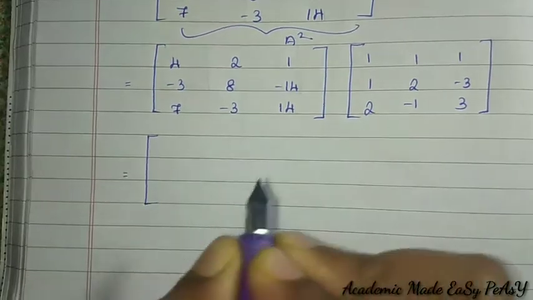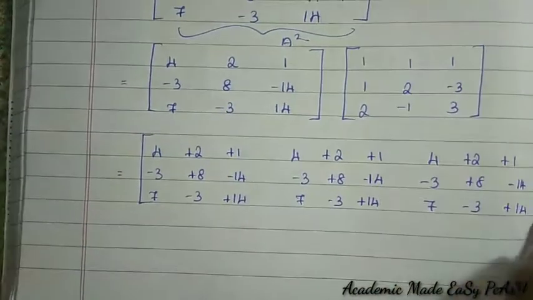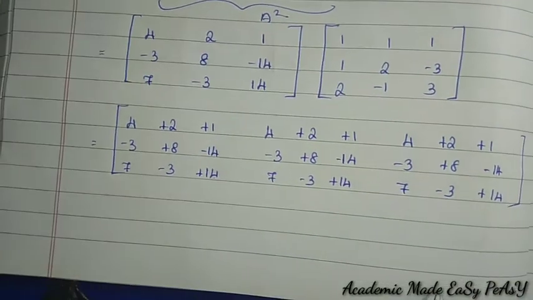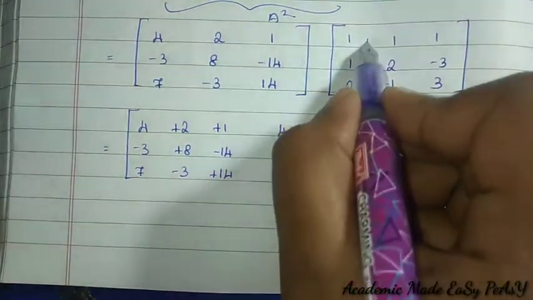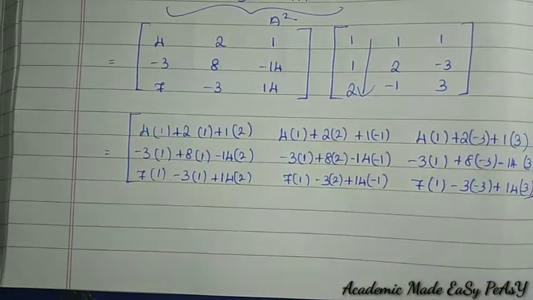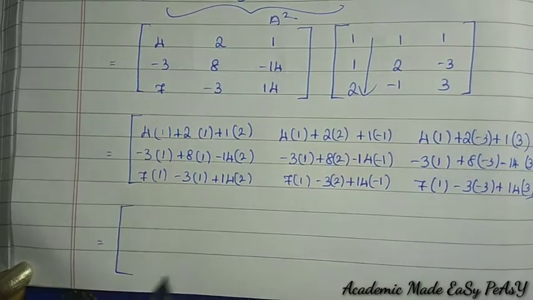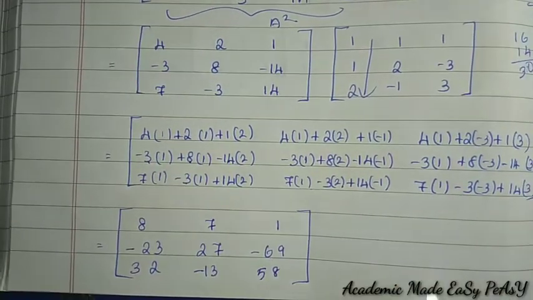So now I will be multiplying these two. I will be multiplying the first element with the first row. So now I will be adding this.